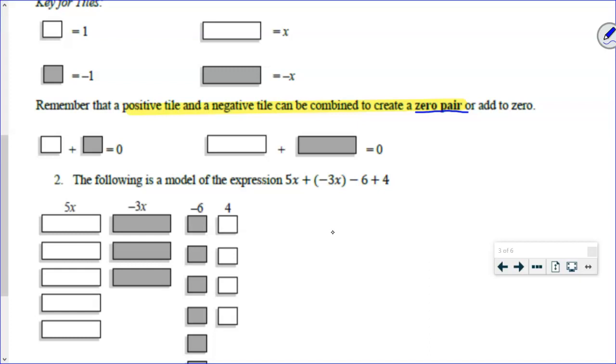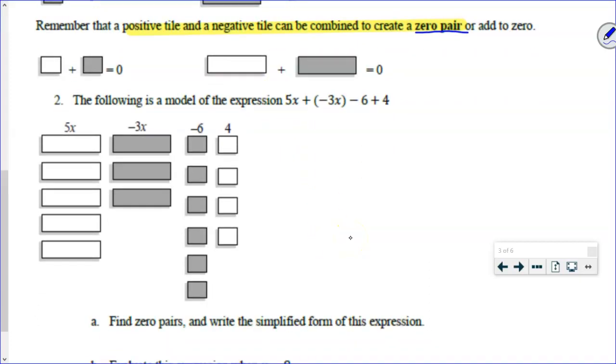And we can go through these next parts really quickly because of the time that we spent the last couple days simplifying expressions by combining like terms, and then the next example of using the distributive property. This is a model of the expression 5x plus a negative 3x minus 6 plus 4. You can see how they're matching. 5 positive x tiles, 3 negative x tiles, 6 negative unit tiles, because what they did is they changed this subtraction to adding a negative.